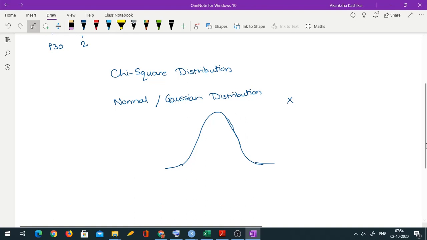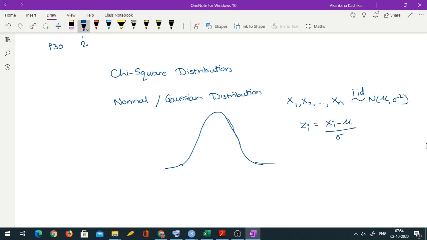So if I know that my x1, x2, ..., xn are coming from a normal distribution with mean mu and variance sigma square, and they are what is known as IID. IID is independent and identically distributed, meaning each of them has the same distribution, that is normal, and they are independent of each other. Then we define a z-score for the ith observation as (xi minus mu) upon sigma, and if I compute z1 square plus z2 square up to zn square, it becomes chi-square.